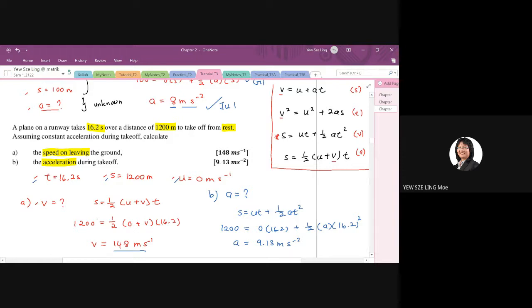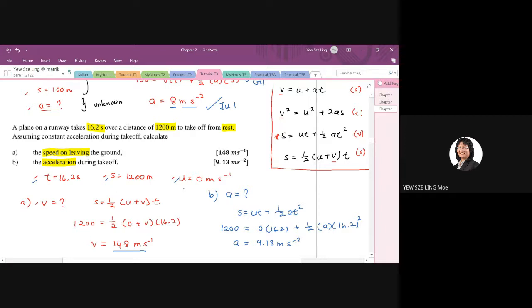If you use the answer from question A and it is wrong, for example, you got 200 meters per second for v, so it is a wrong answer, then if you use it in question B, it means question B would be wrong as well. So if possible, we try to avoid using the value from the previous question, unless we don't have enough information from the main question. Then yes, you must use the information from question A.